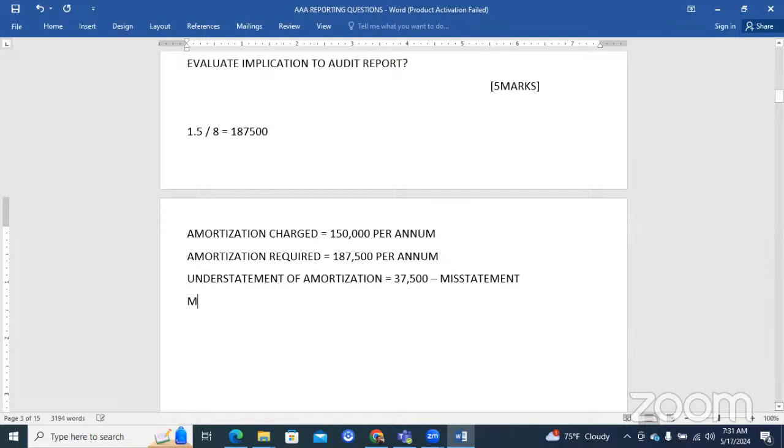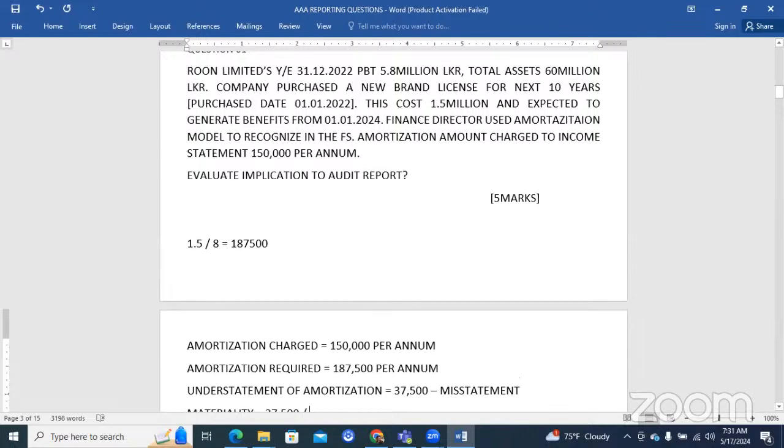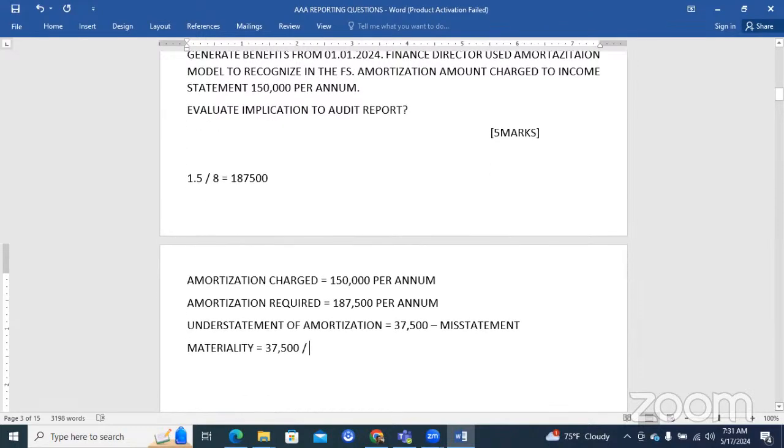Now, materiality. The misstatement of 37,500 divided by the profit figure of 5.8 million, multiplied by 100, represents 6.46%, which is immaterial to the financial statements.